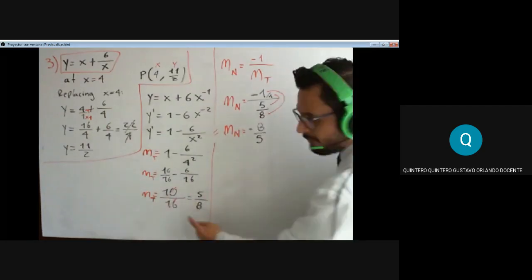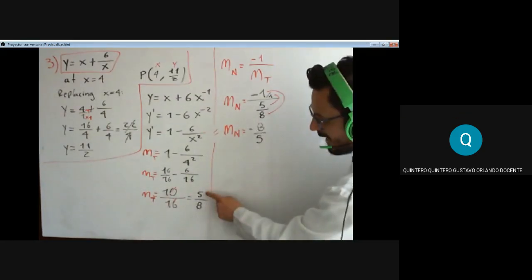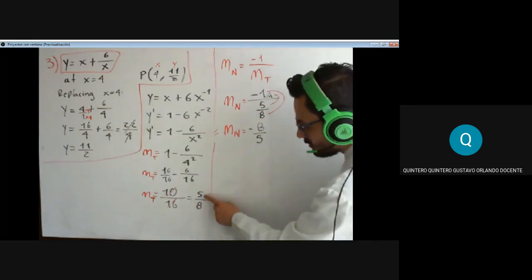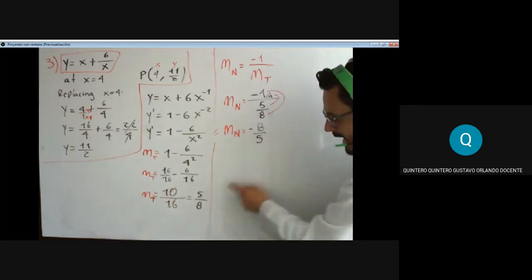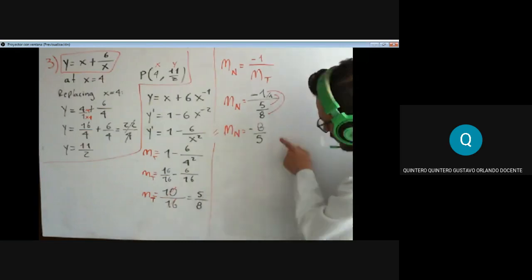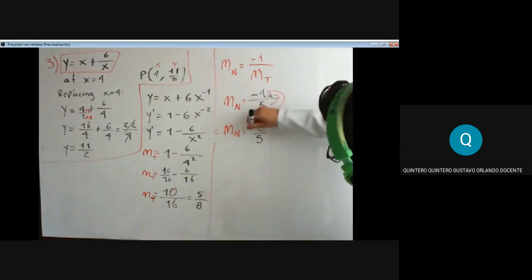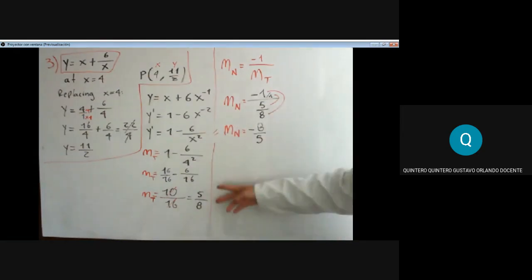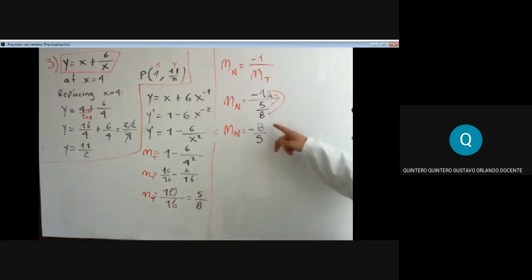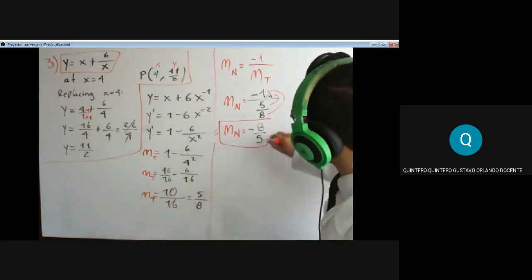If you have the slope of a tangent, just the 5, whatever is up, put it down, so the 5 is going to go down. And whatever is down, put it up. So the 8 is going to go up. And then put a negative to it. That is why this is called the opposite, because of the minus, and reciprocal, because whatever is up, put it down, and whatever is down, put it up. Now we have the slope of the normal.